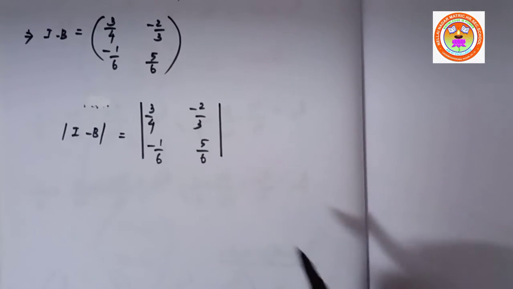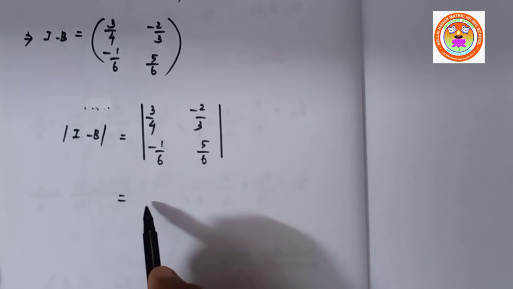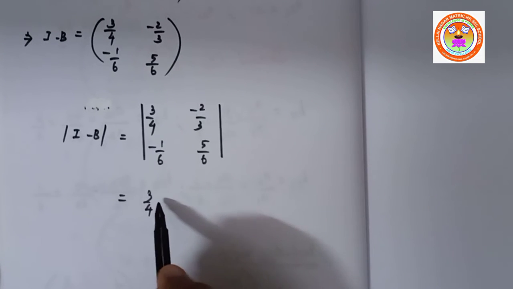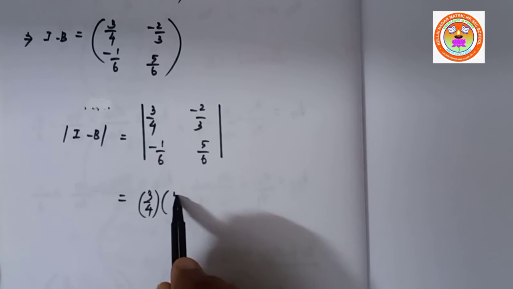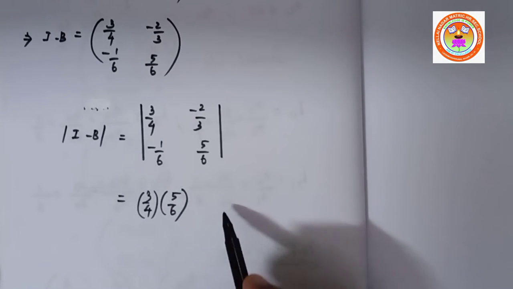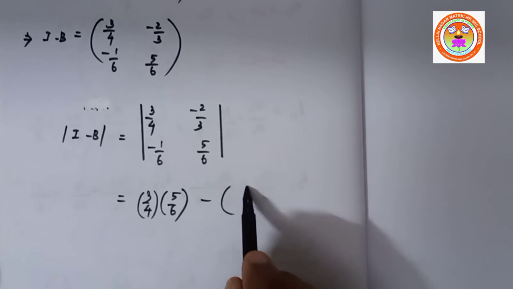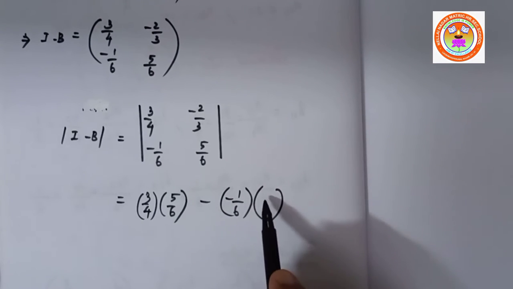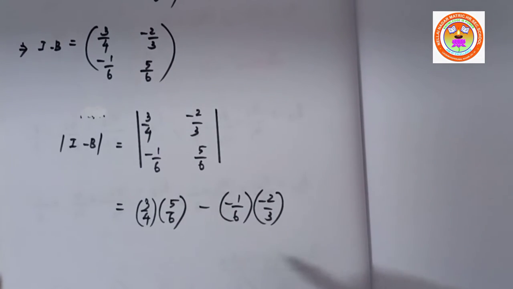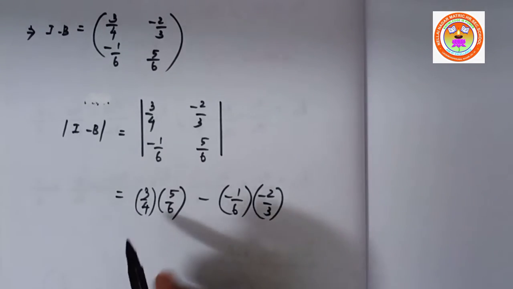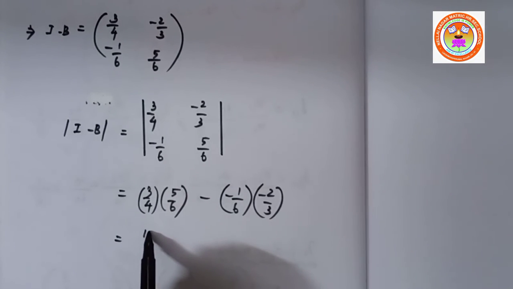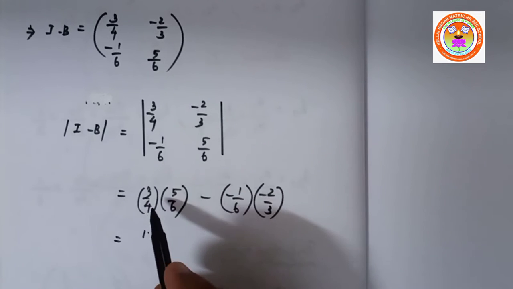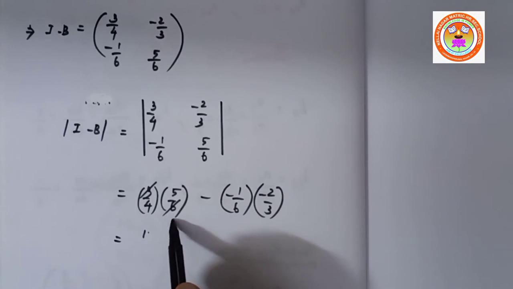Now you can expand the determinant. You have to multiply these two, getting 3 by 4 into 5 by 6, then minus the product of the non-leading diagonal elements. They are minus 1 by 6 and minus 2 by 3. Before that, you can cancel by 3; if you cancel, you will be getting 2 here.